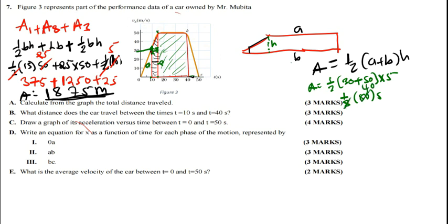So 5 times 40, which is 200. So the area of the trapezium, I'll say area 1, is 200. Yes, it's 200 meters. That's area 1. It's meter squared, but since I'm getting the distance in that case, I'll just say meters.